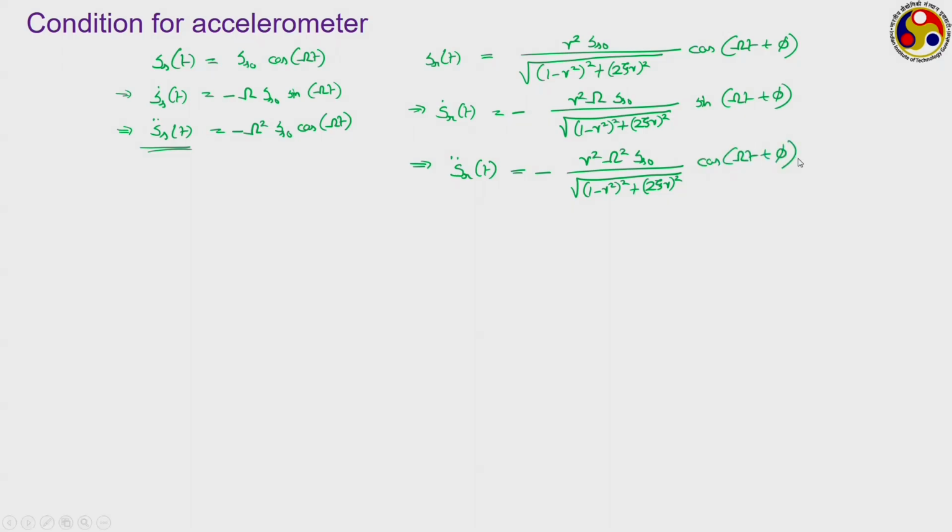Now, if we compare this particular form with this one, we can write this one as minus omega square S_R(t). So, minus omega square S_R(t) is the one that we have got.